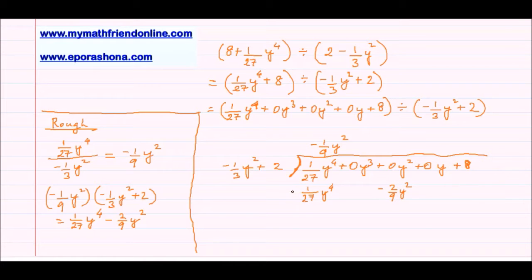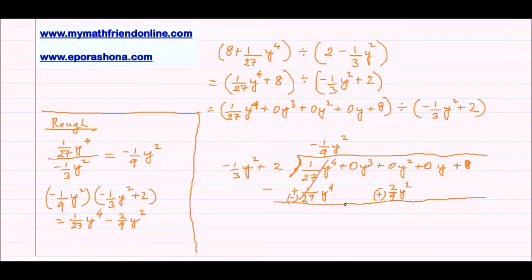And next, what we will be doing? We will be performing a subtraction. That means we will be changing the signs of all of these terms in the second line, and we will be adding the like terms. So 1 by 27 y to the power of 4, and this is minus 1 by 27 y to the power of 4. These two get cancelled. This is 0 into y cube.